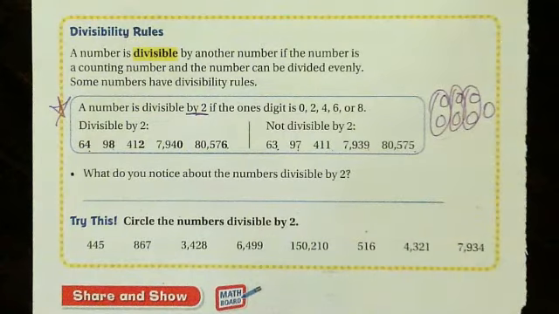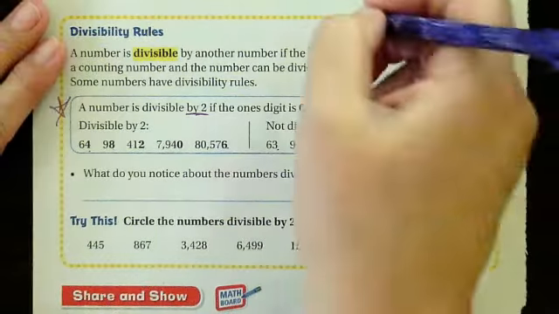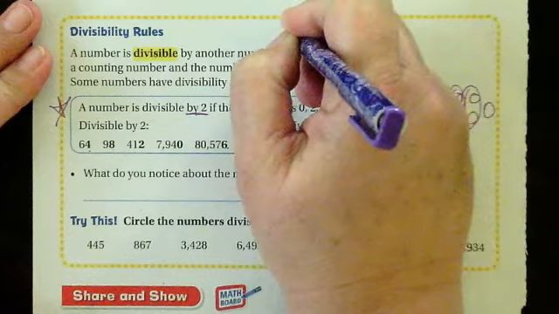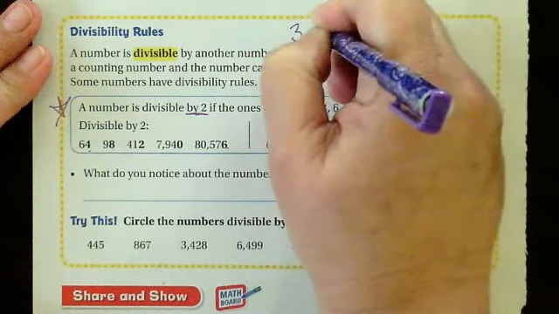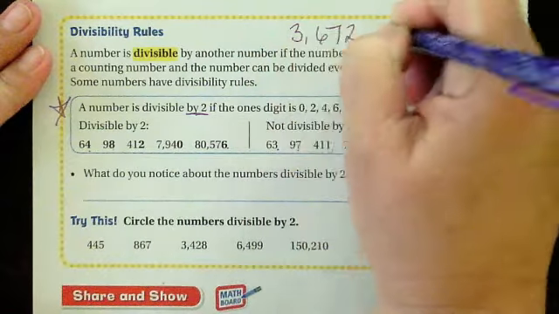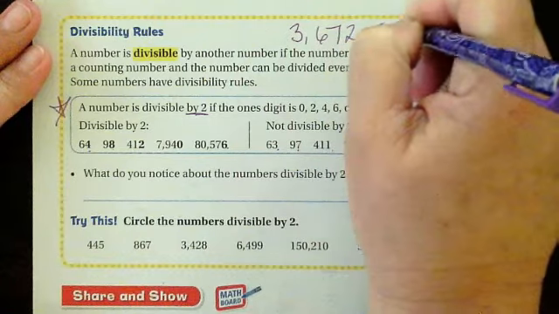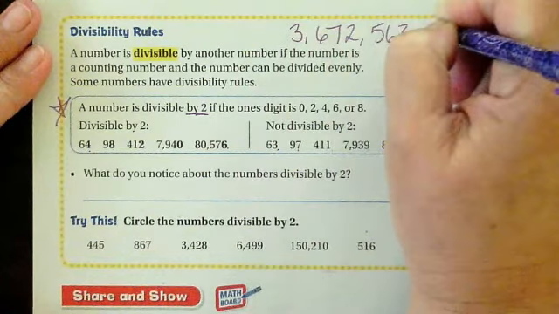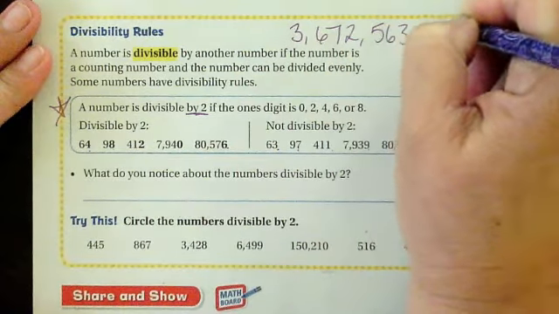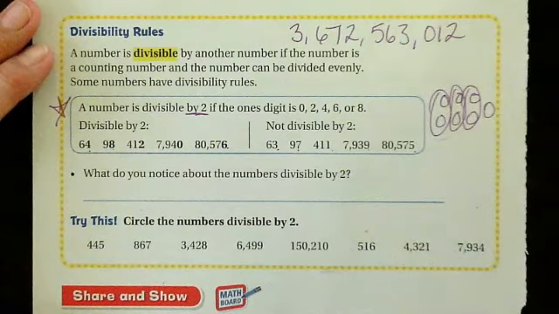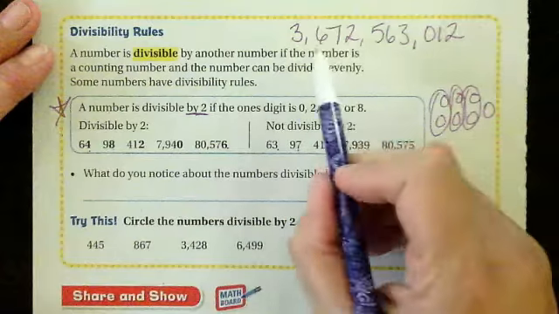And lastly, does it matter how many digits are in a number to tell if it's even or odd? What if I had this number? Let's say I had the number 3,672,563,012. That's a big number.